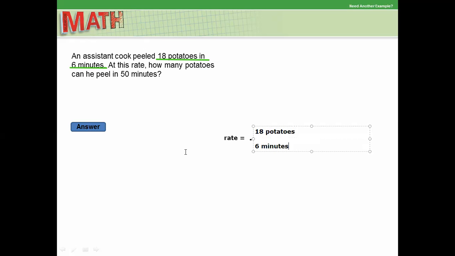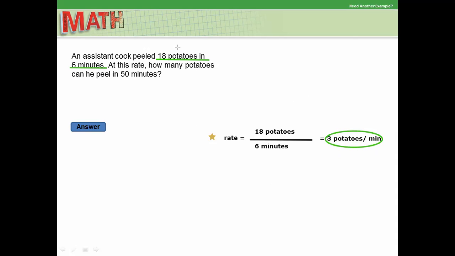So 18 divided by 6, it's easy to simplify by 6. So they are 3 potatoes per minute. This is the first step that you should make, to calculate the rate. And the rate here is 3 potatoes per minute.